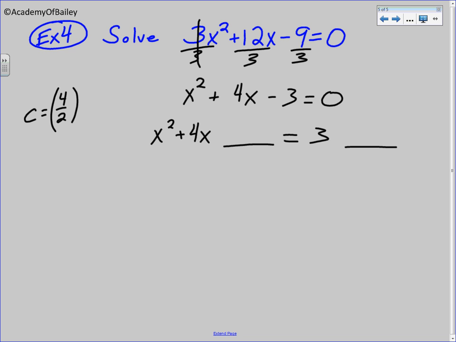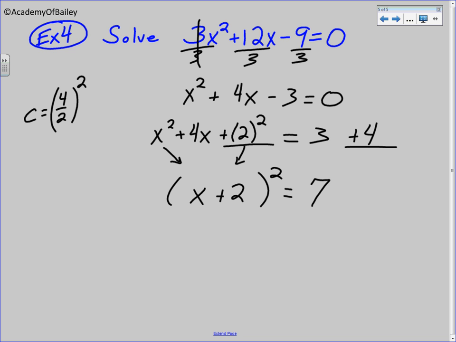Half of b in this case is 4, and then squared. 4 divided by 2 is 2. Square it. What's 2 squared? 4. So we've added 4 to both sides. In this case, we're going to have x, and then we're going to have plus 2 squared is equal to, that's a 7. 3 plus 4 is 7.